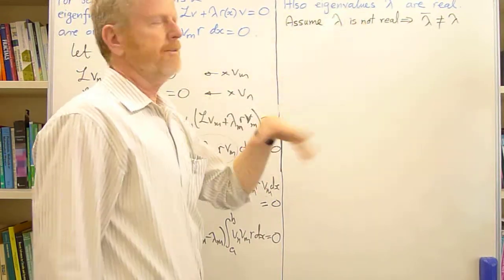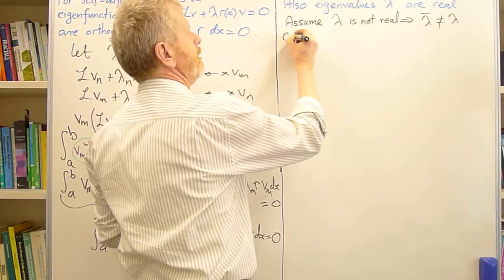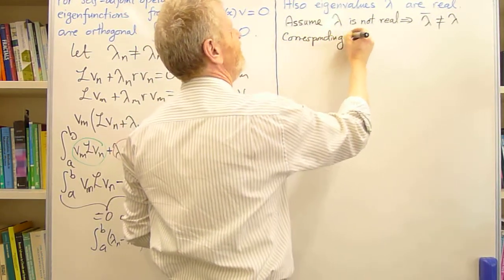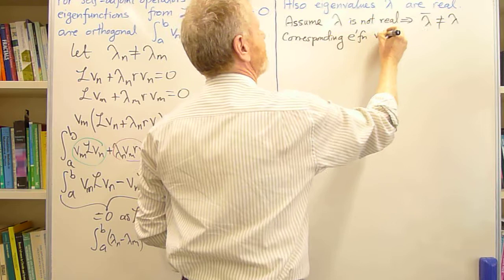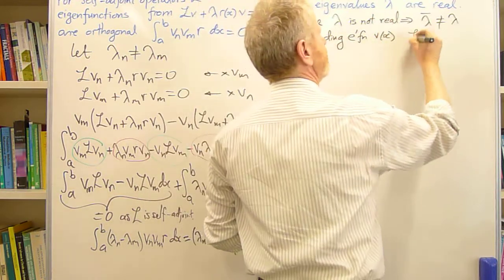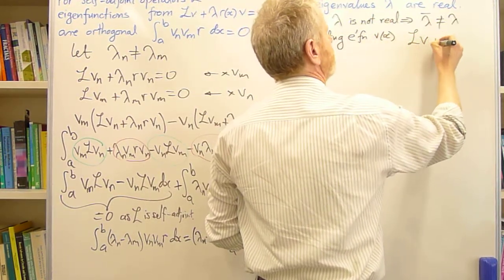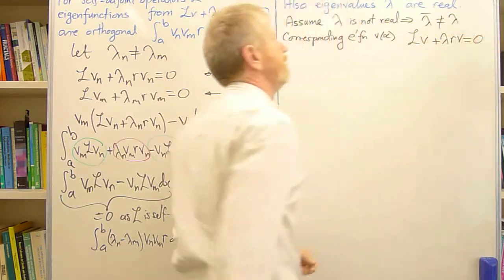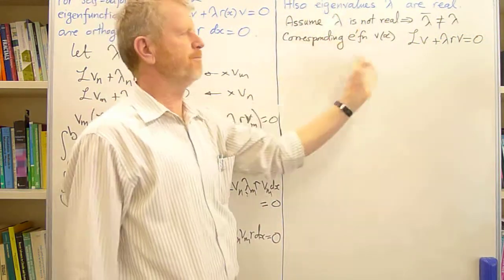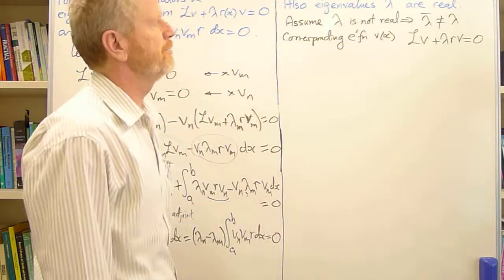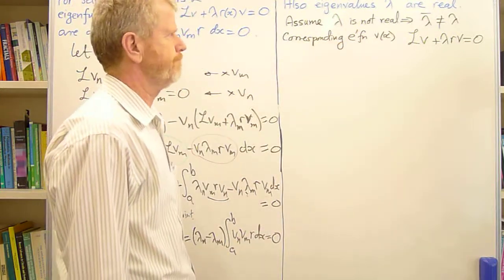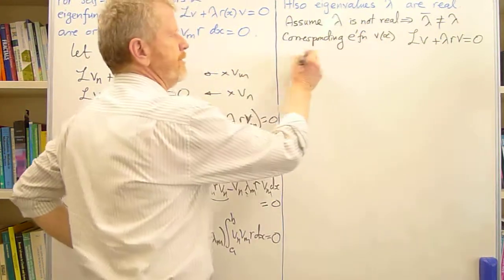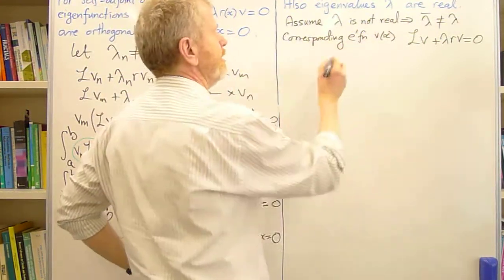Okay, it's an eigenvalue, so there is a corresponding eigenfunction V of x satisfying Lv plus lambda rv is equal to 0. And in general, if lambda is complex, the eigenfunction v will also be complex. And that eigenfunction is not 0, which we'll come back to at the end.